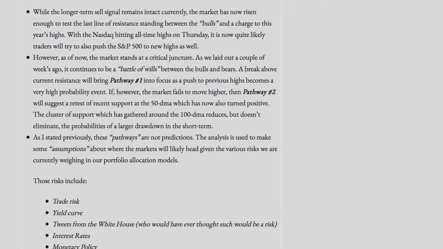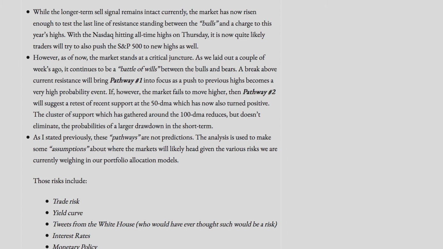If, however, the market fails to move higher, then pathway 2 will suggest a retest of recent support at the 50 DMA, which has now also turned positive. The cluster of support which has gathered around the 100 DMA reduces, but doesn't eliminate, the probabilities of a larger drawdown in the short term.